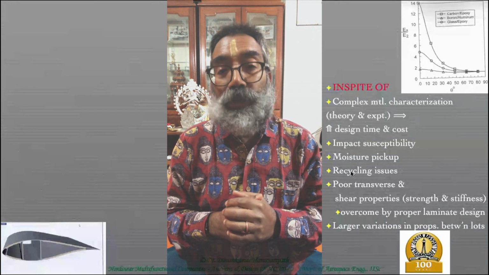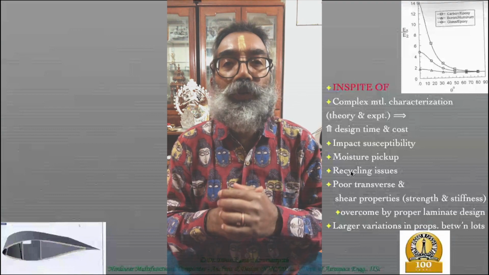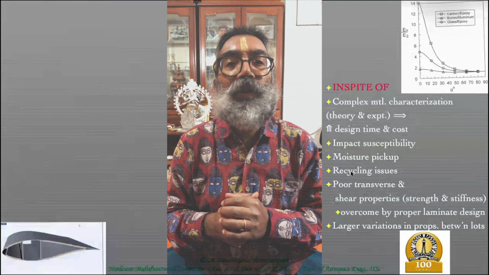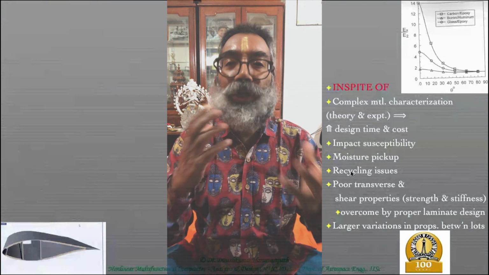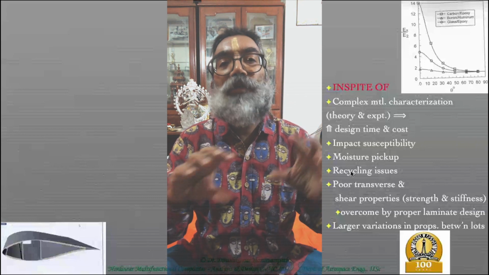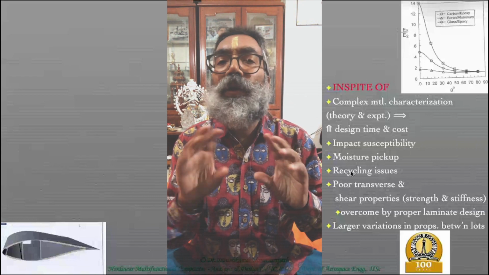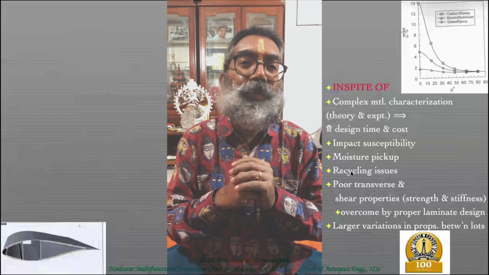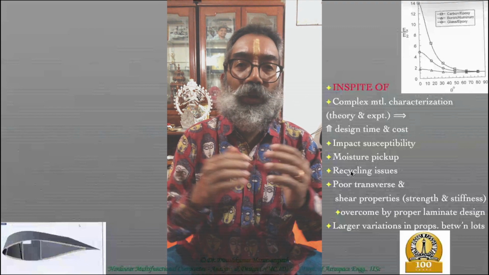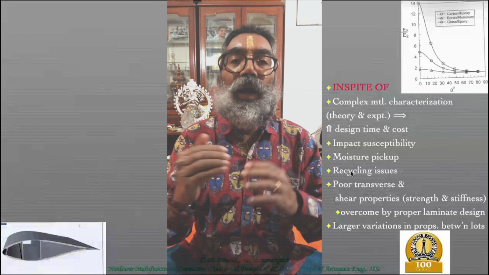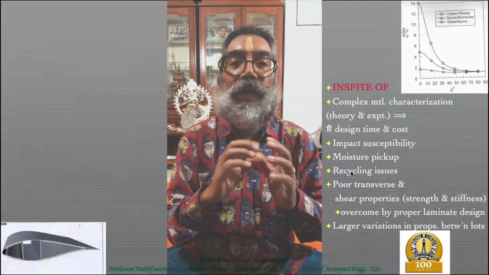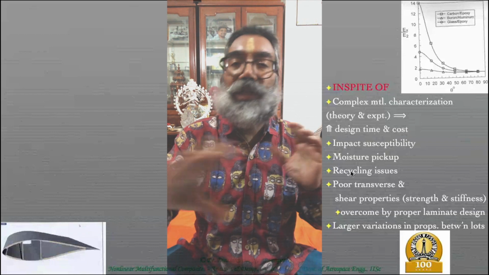Then another issue, the last major issue that we'll be considering here, is that if you take one particular metallic alloy, let's say aluminium 2024, and take two lots of that, you would get slight variation in property because of the manufacturing technologies, the alloying elements varying slightly, or the crystalline structure being slightly different in a statistical sense.